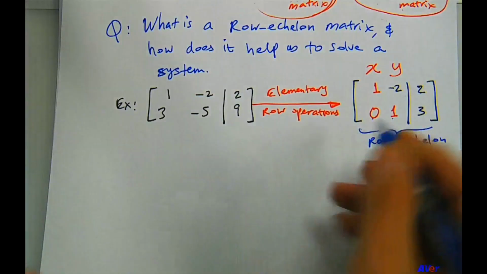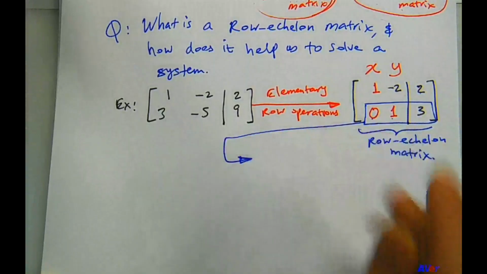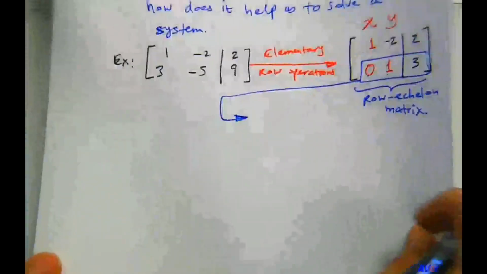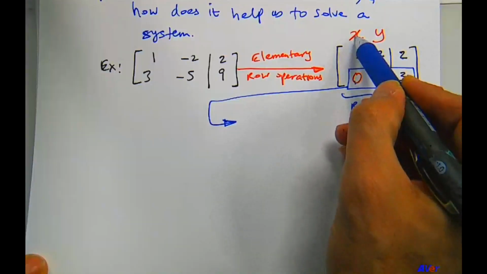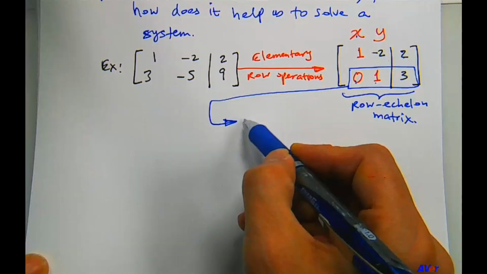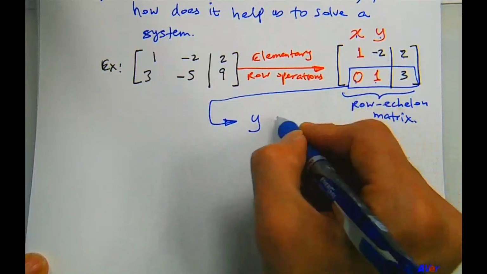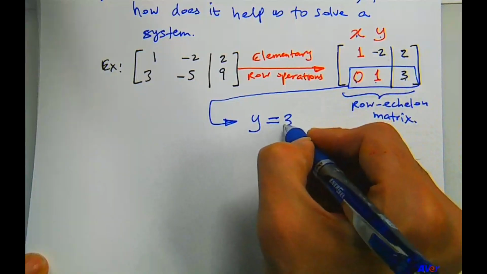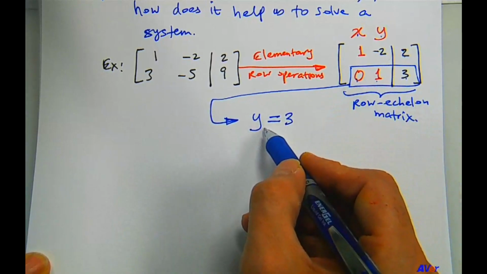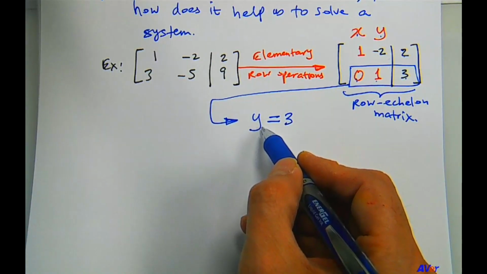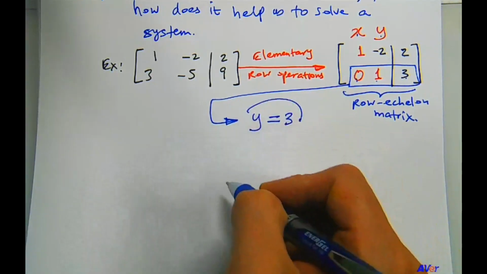Using that row, 0 times x is just 0, so no need to write it. 1 times y is y, and then equals the constant, which is 3. So looking at the bottom row, we already know the value of one of the variables. It's y equals 3.